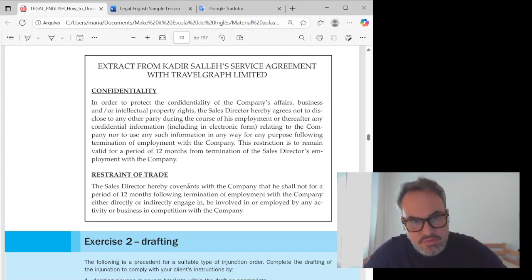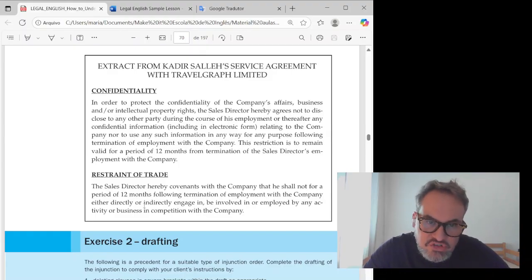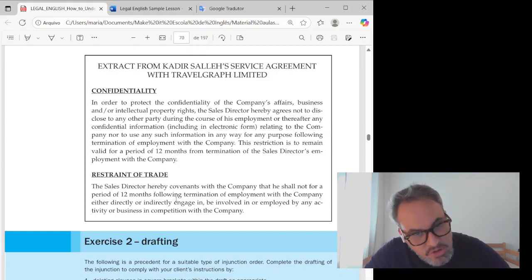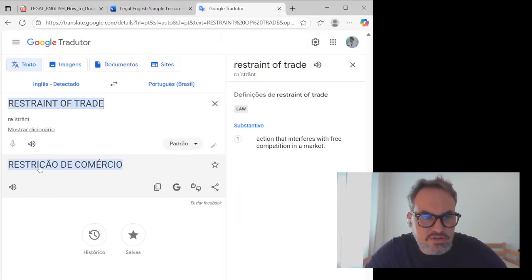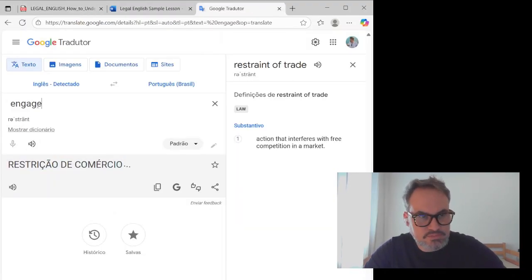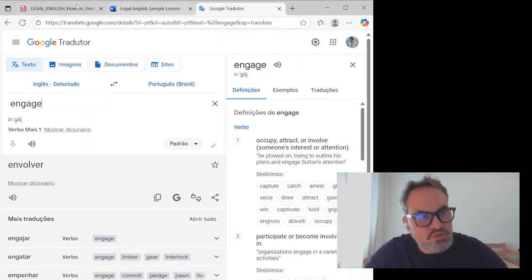He agrees with the company that he shall not, for a period of 12 months following termination of employment with the company, either directly or indirectly engage in, be involved. Okay, let's put here engage. Envolver, it's a good word.